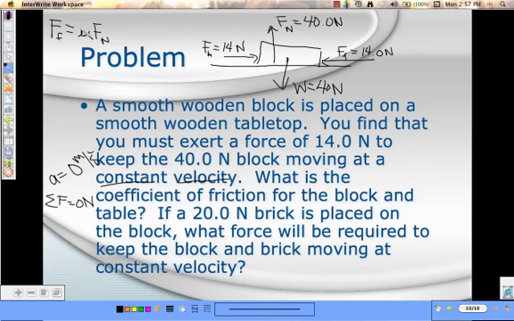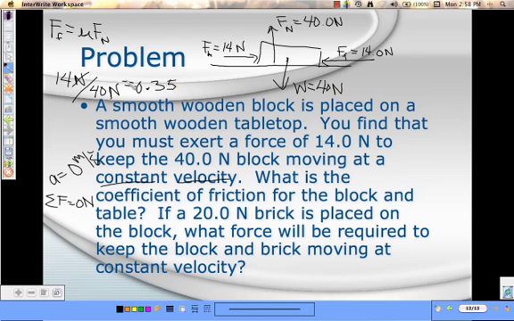So if we're looking for mu, our coefficient of friction, we're going to take the force of friction, which is 14 newtons, and divide by our normal force, which is 40 newtons. And get our coefficient. What is it? 0.35? Okay.